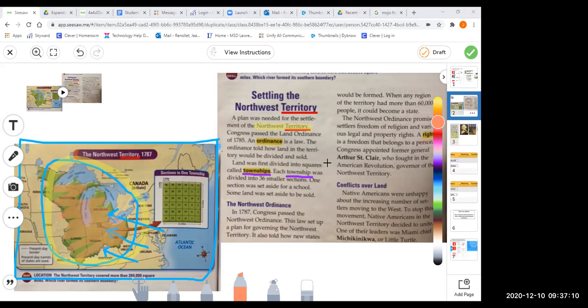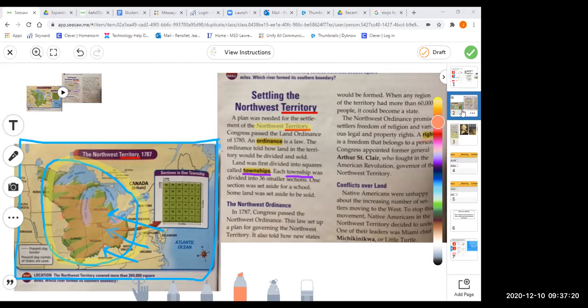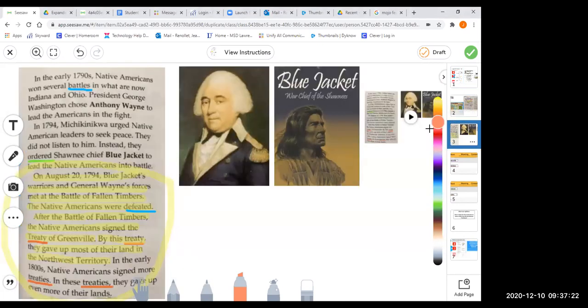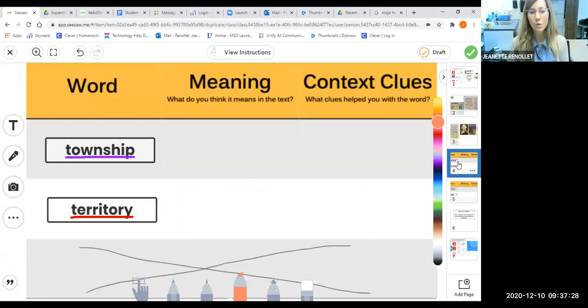All right, boys and girls, let's talk about what your task is today using context clues. We have read and discussed pages 2 and 3. That is your text today. Your task, your job starts on slide 4. Will you please click on slide 4 with me?